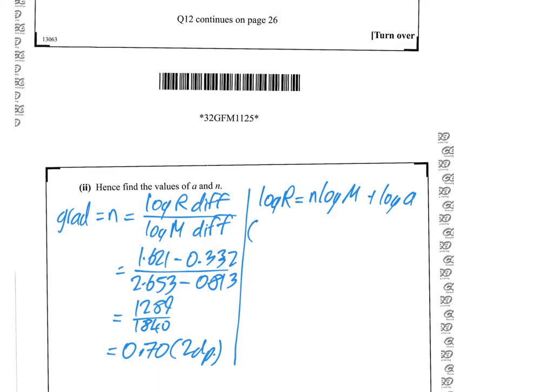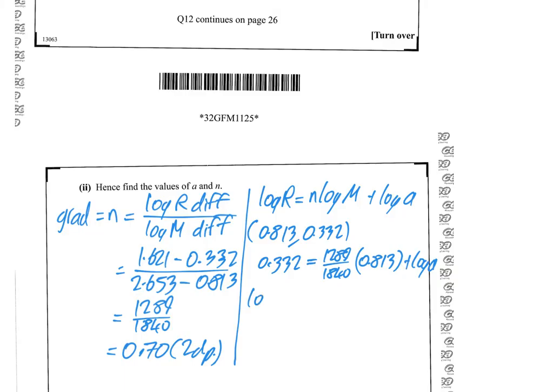But I'm going to use this, and I'm going to use the first of my points, which was my log m value is 0.813, and my log r value is 0.332. So put that in, you're going to have 0.332 is equal to n, which we now know. I'll use the exact value of it, which we had was that, times log m, which was 0.813, plus log a.